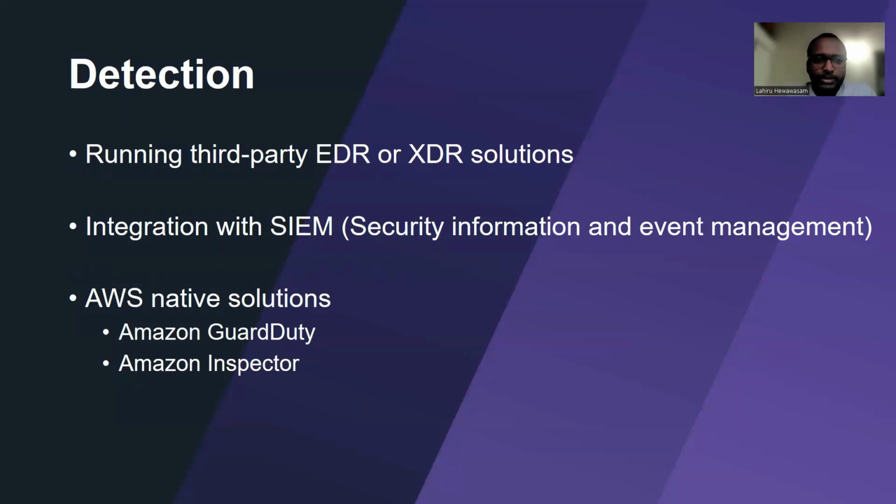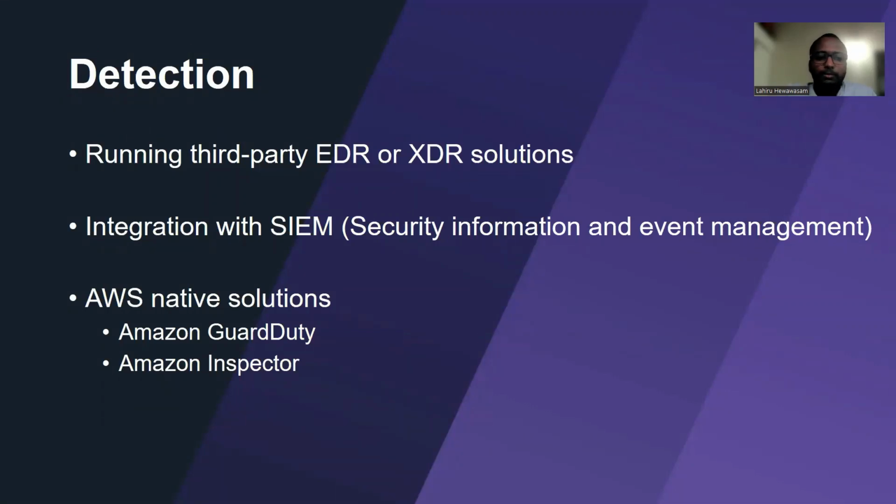Detection is done mainly using EDR solutions or XDR solutions. This can be third party that you integrate with the cloud, or one of the most popular ways is by integrating it to a SIEM. You need to integrate all the cloud logs and events to a SIEM, do all the correlations, and then generate alerts and act accordingly.